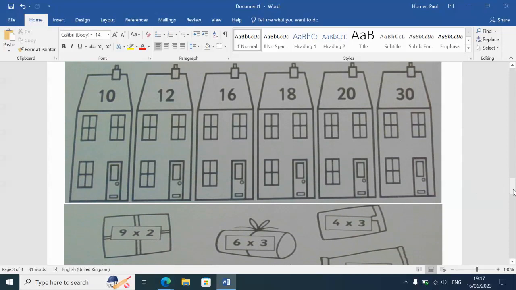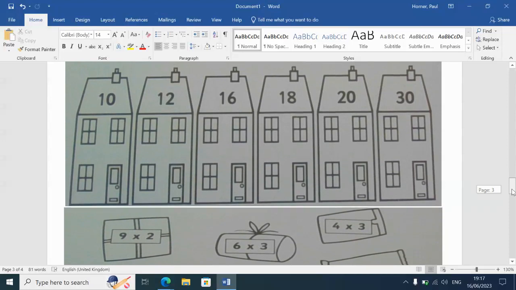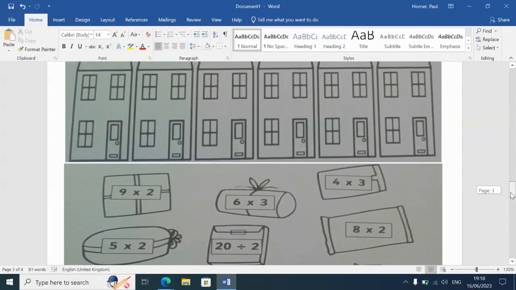So both go to 18. Then 4 times 3 is 12. Okay, and then the next parcel.